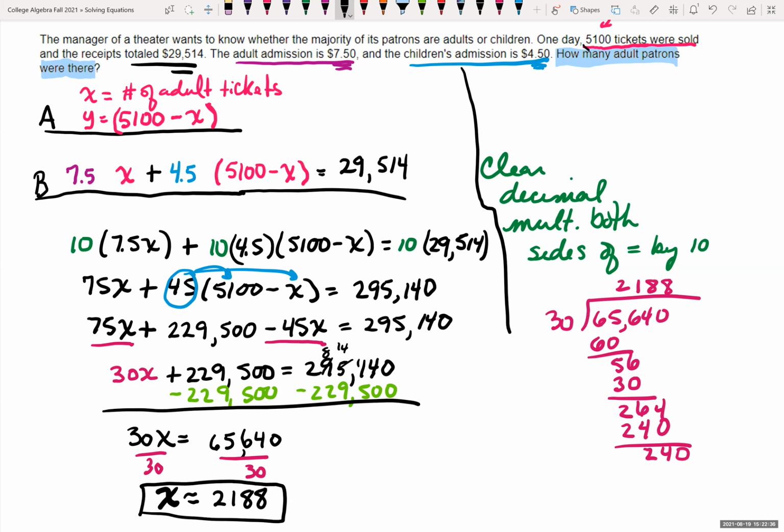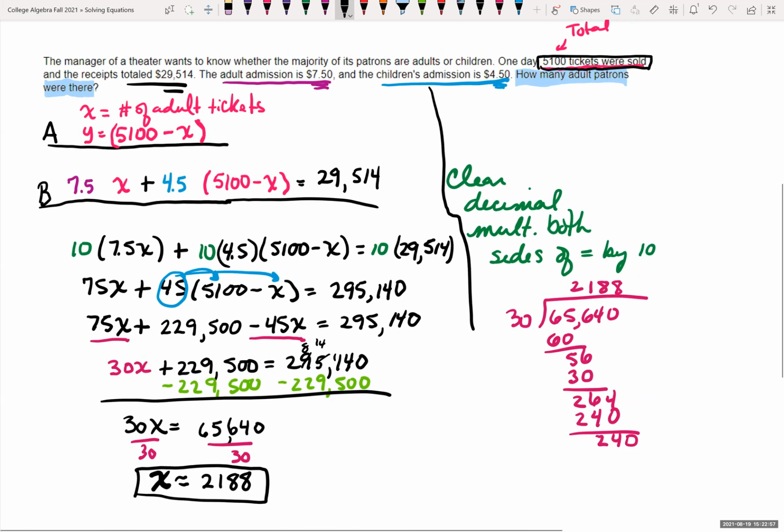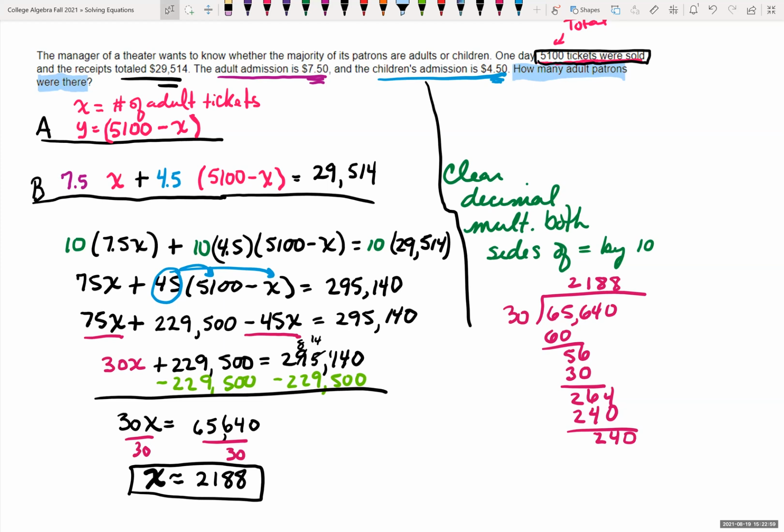I know that 5,100 tickets were sold. If I got more than that number of tickets, that wouldn't make sense, right? And it also wouldn't make sense if my answer was negative. So just see, does that answer make sense for this type of word problem? And you can see if maybe you made some errors or not. So this was just asking how many adult patrons there were.